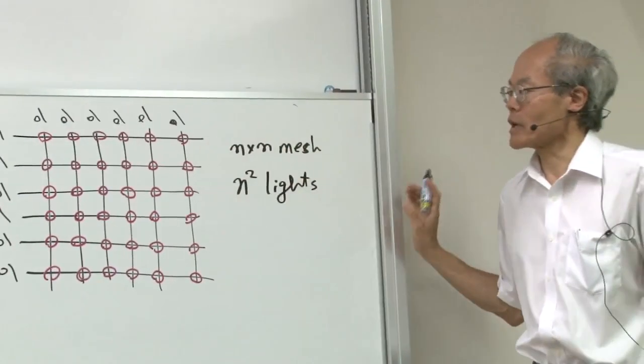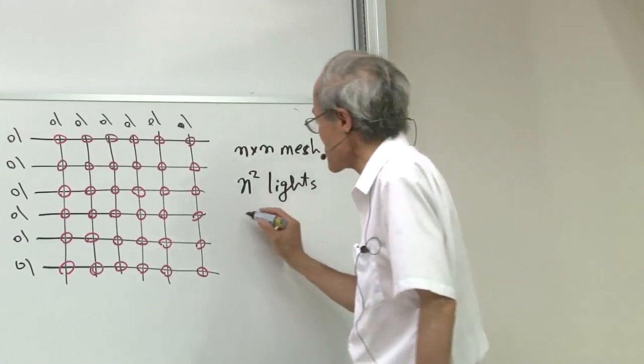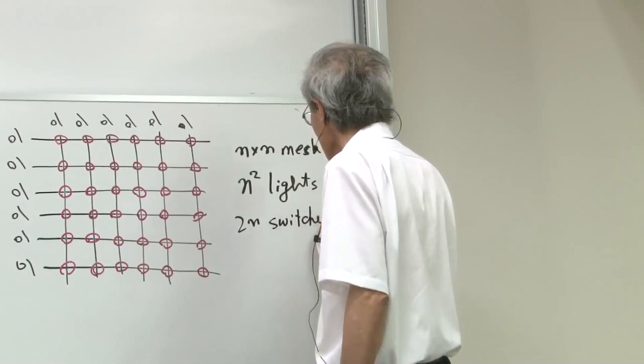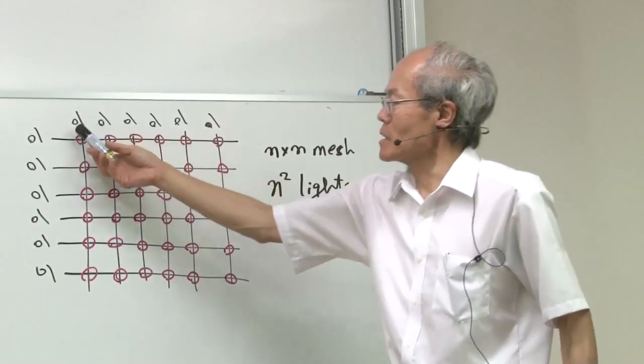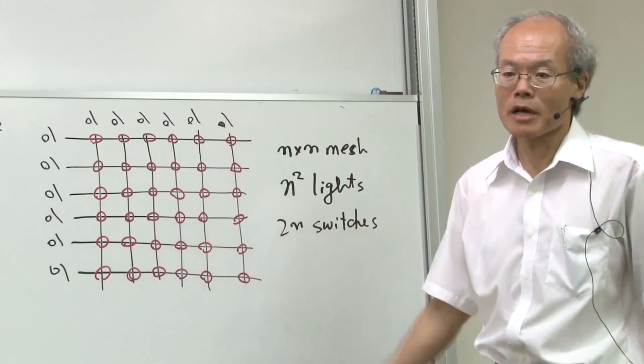Those red ones are lights. And 2n switches. This is a column switch. This is a row switch.